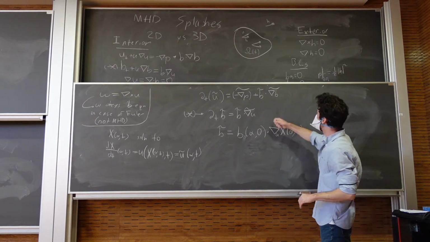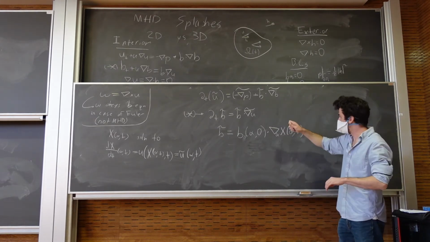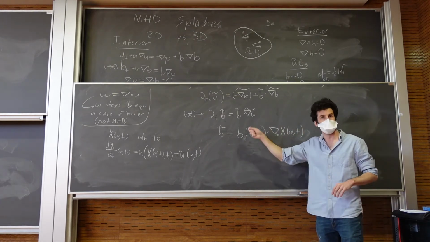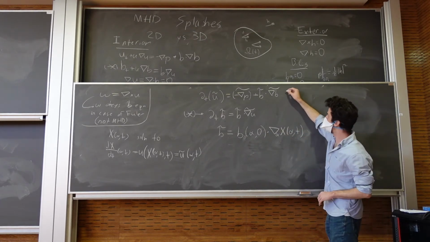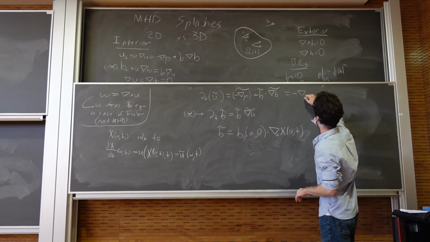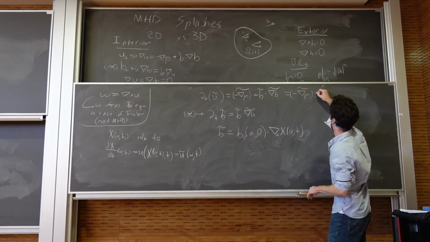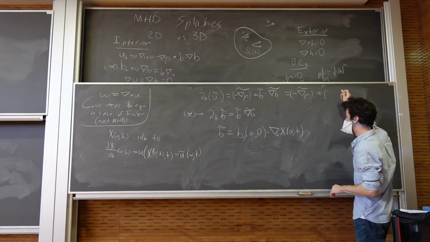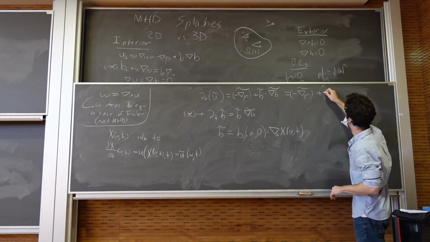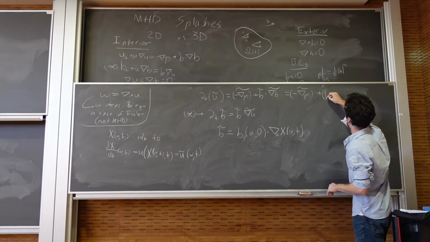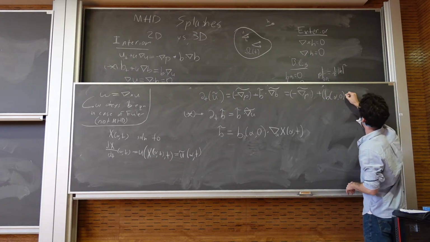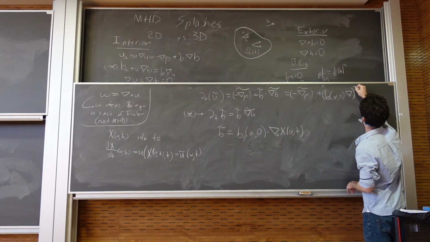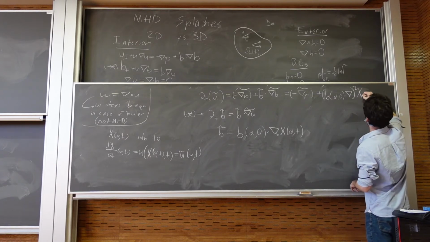So if I look at this and I plug in this, I actually find that this is, okay, we'll worry about the pressure term in a second. But if you check, maybe you'll just believe me, what you get over here is b of alpha 0 dot grad squared x of alpha t.